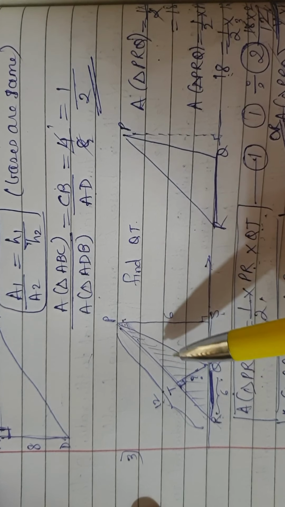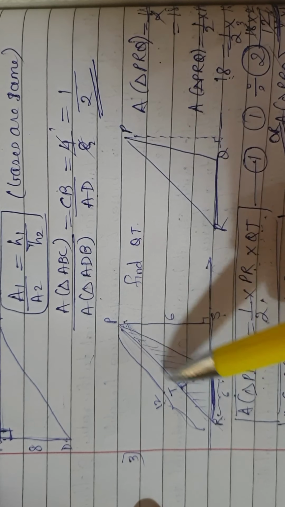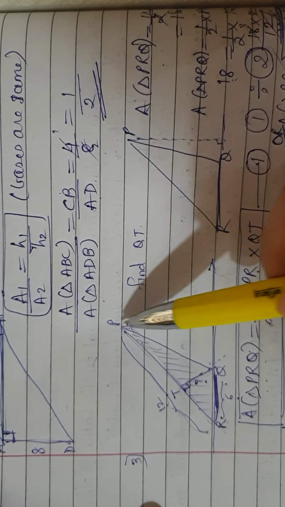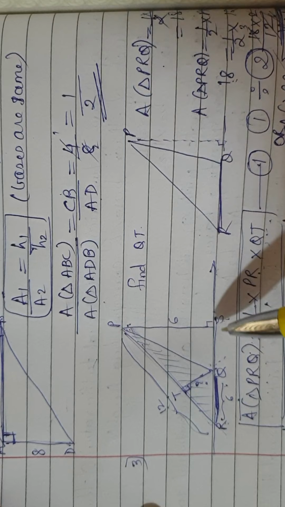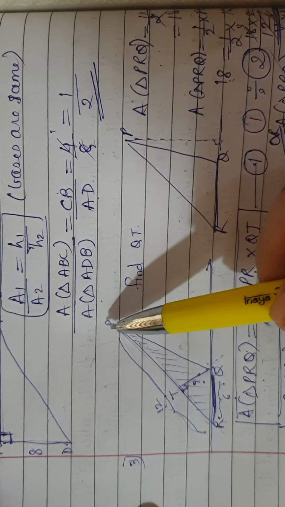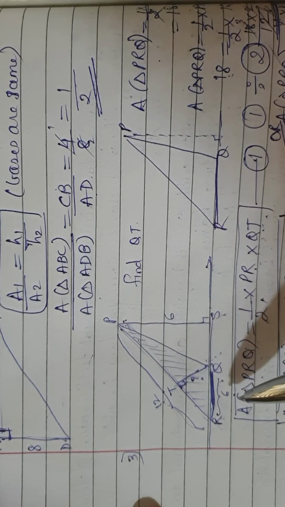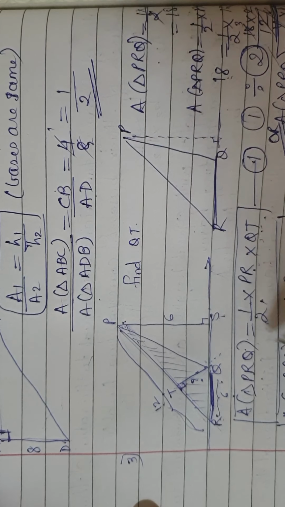I hope you can see that. So in the same triangle, if this is the base, then this is the height. If RQ is the base, then PS is the height. Repeat again: if you consider PR as the base, QT is the height. If you consider RQ as the base, then PS is the height.